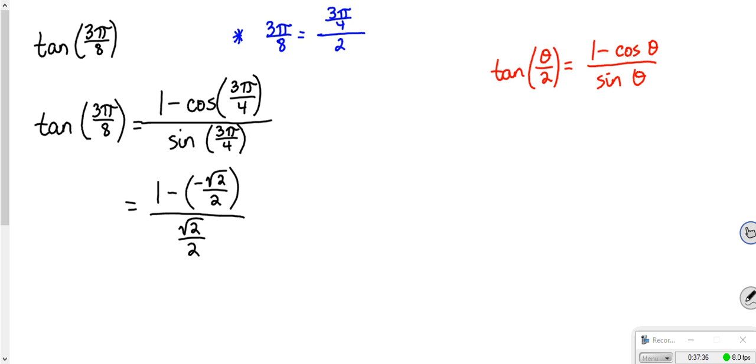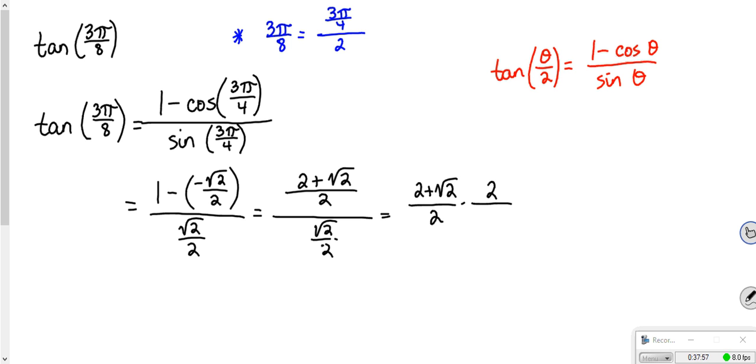Okay, so on top here, I'm going to have 2 plus root 2 over 2, divided by root 2 over 2. Well, this is of course 2 plus root 2 over 2 times 2 over root 2.